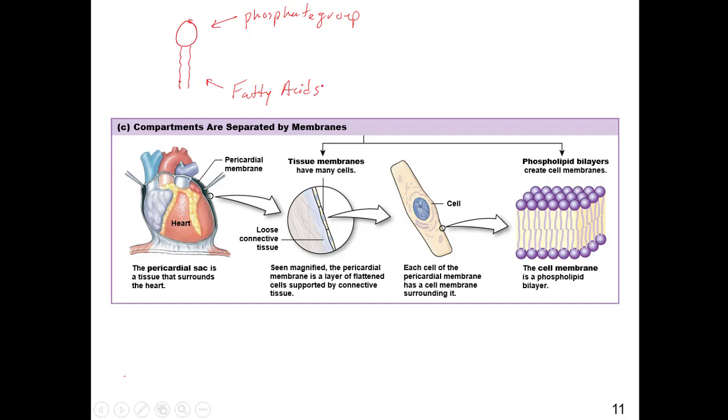If you remember also, the phosphate group is polar, while the fatty acids are nonpolar. So these are lipids down here, the fatty acids. Because of this, it creates a molecule where one end, the polar end, likes to be around water. We call this being hydrophilic.